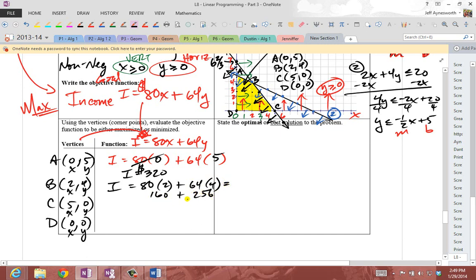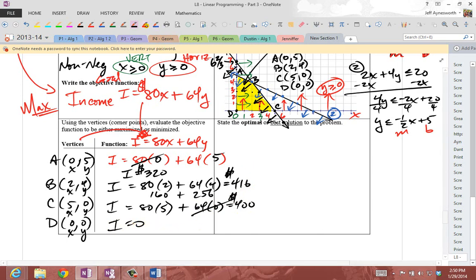That's a total of 416. For the third one, it's 80 times 5 plus 64 times 0, and that's 400. Not quite as big as 416, so it looks like 416 is the max, because on the last one, the income is 0.